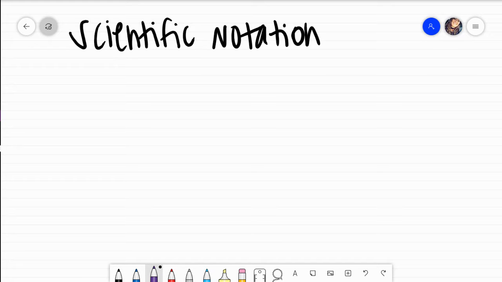Mathematically you would use this in a science field, or when you're dealing with microscopically small stuff, and you don't want to write so many zeros. So you can convert it into scientific notation. We're going to do a video going over scientific notation, and then a video going back to standard notation. That's when you write the really, really large number or the really, really small number.